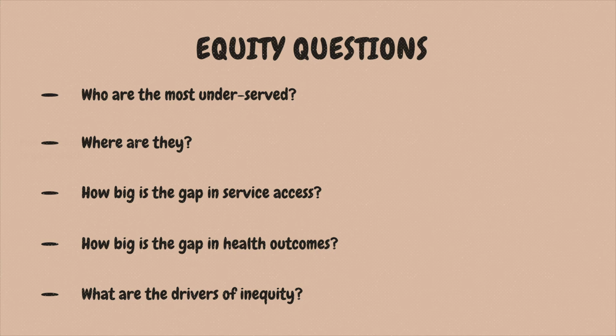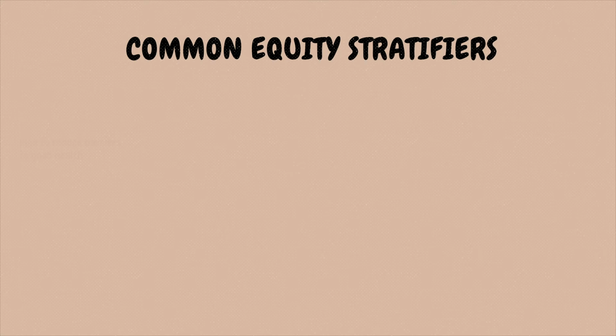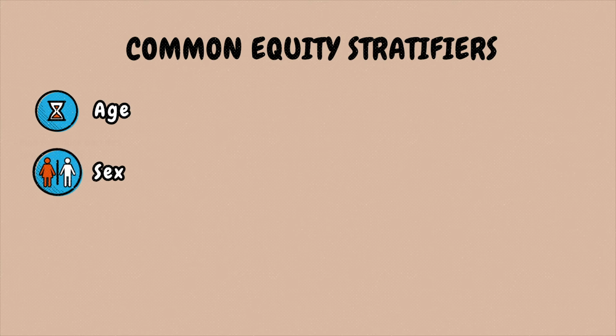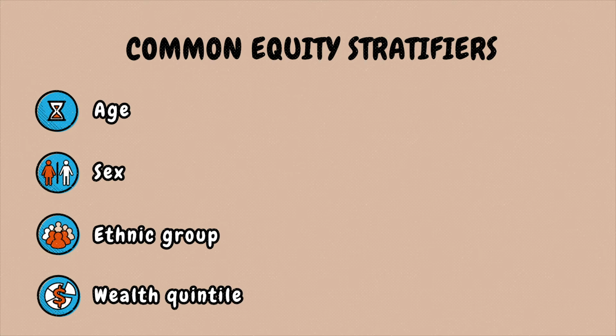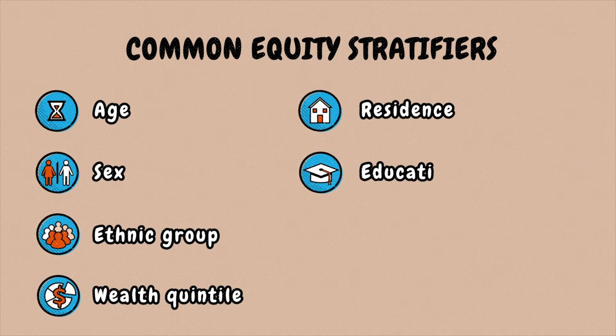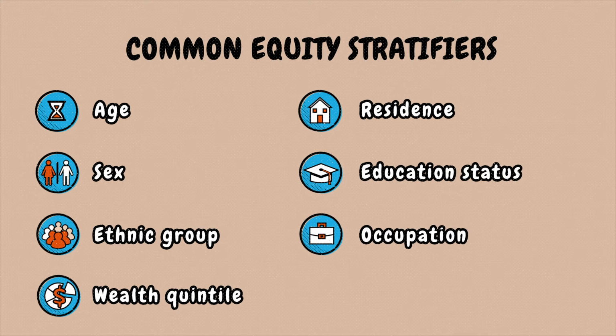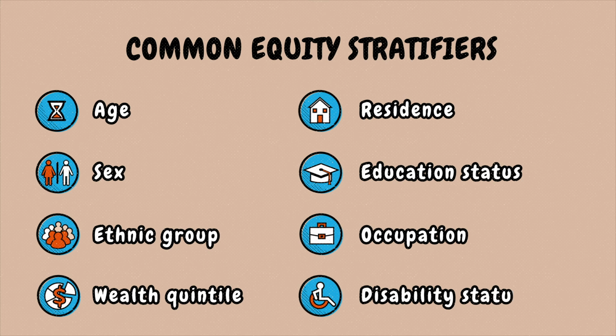To help answer these questions, we analyze our data by population groupings, or what we call equity stratifiers. Depending on our context, we may analyze by age, sex, ethnic group, wealth quintile, residence, education status, occupation, or disability status.